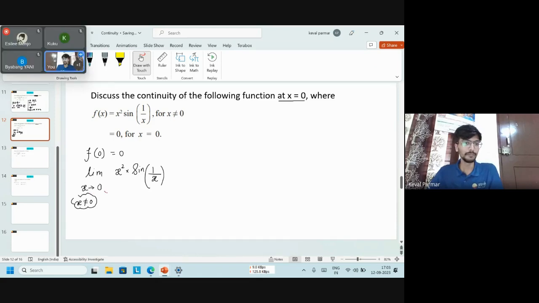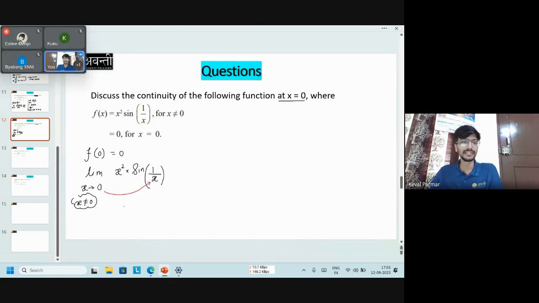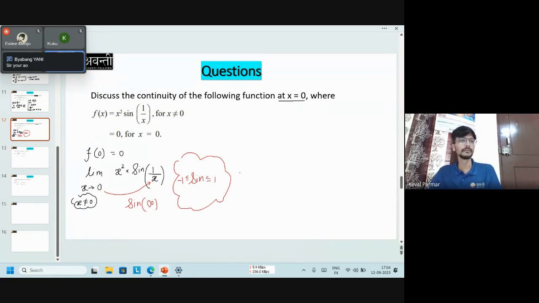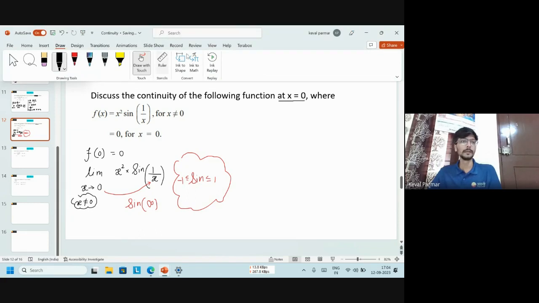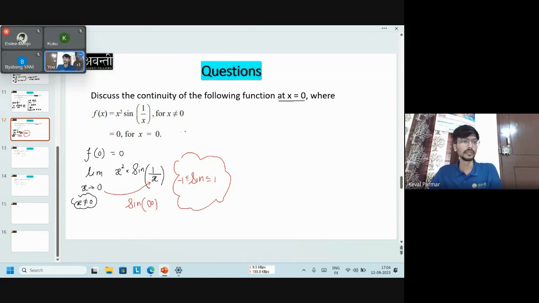Because if we put x equals 0 here, we'll get sine of some infinity. But as we all know, the value of sine is always between -1 to 1.